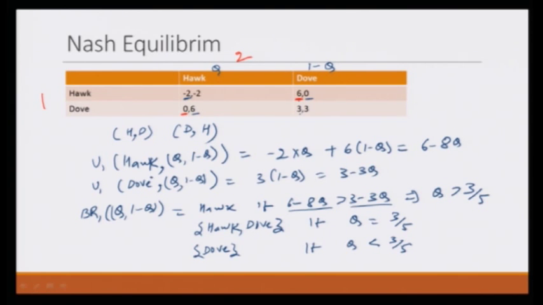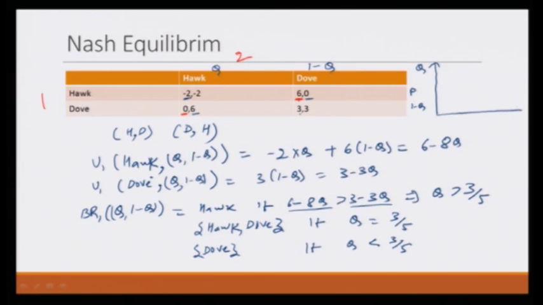And similarly, we can obtain this for player 2 also. So let us draw for player 1. What would player 1 do? Let us say q is here, and now we mark p and 1 minus p here.